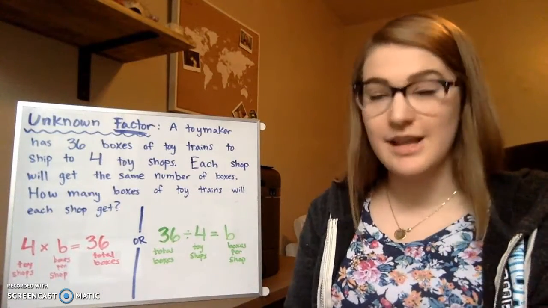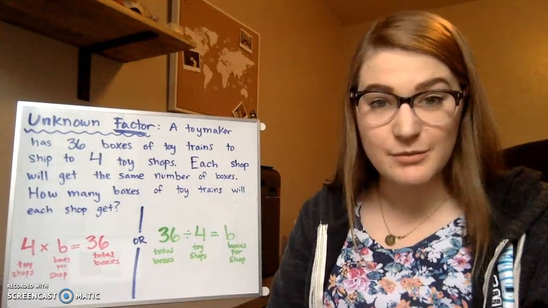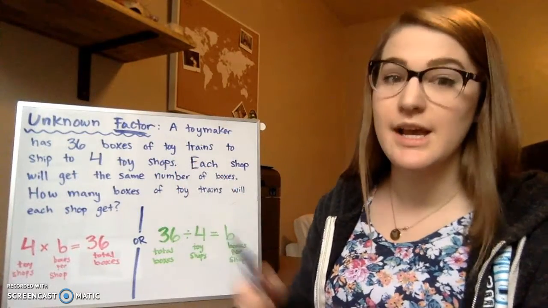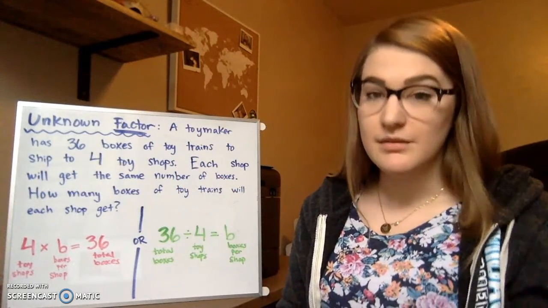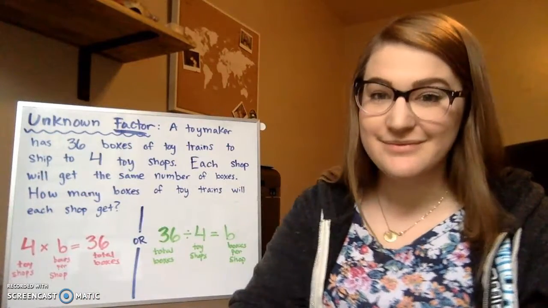So just like the addend problem, you could think of these kinds of problems, the unknown factor problems, in 2 different ways, in a multiplication equation or a division equation.